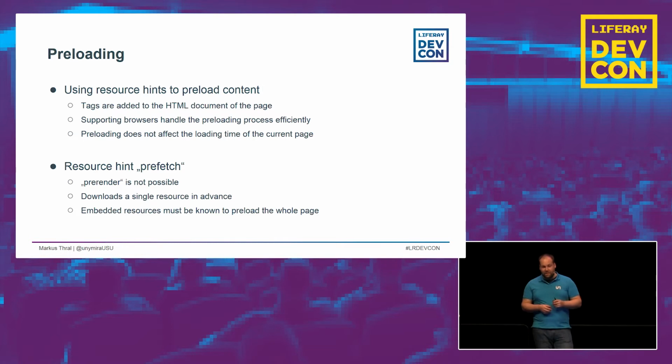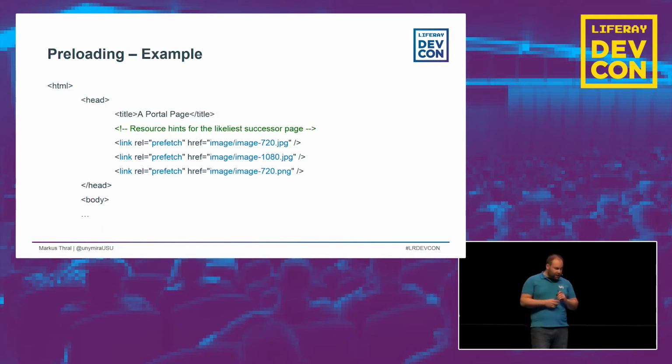Prefetch downloads just a single resource. In case of an URL of a page, that means just the HTML document and not the whole page. So we have to know which images, videos, CSS files or JavaScript files are included in this page, in this document. Here's a short example.